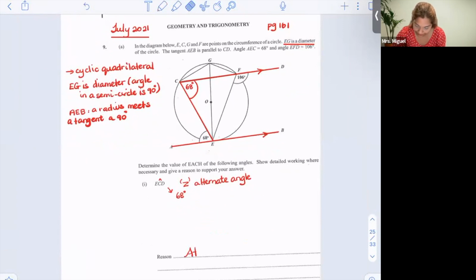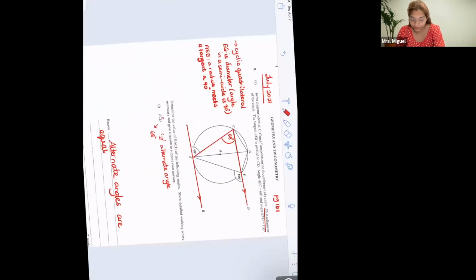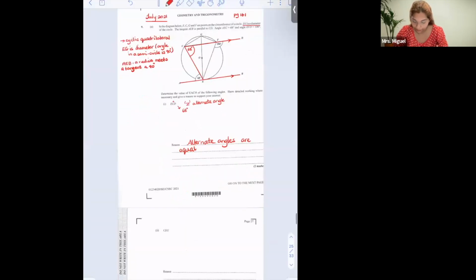So let's write. You could take down the theorems I have on the side here. You can take down whatever working you need before we move on.